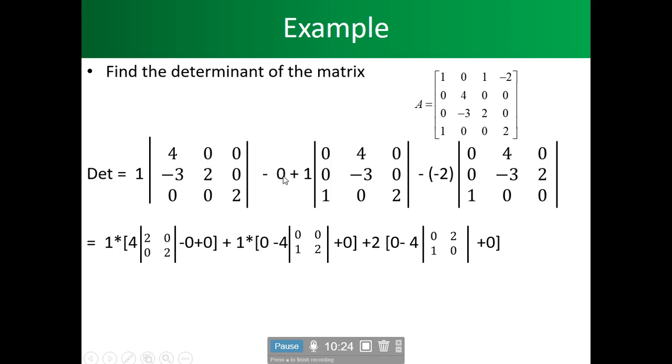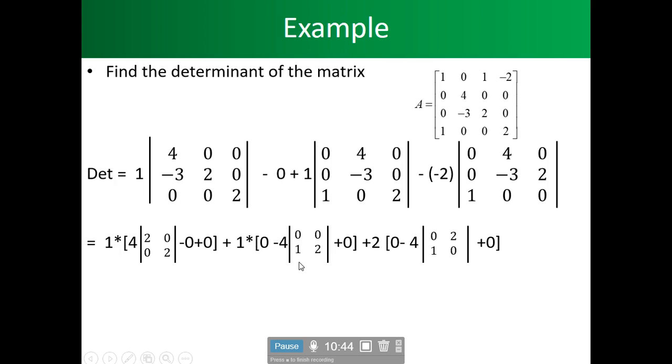Then this one is times 0, so this right here is 0, and this one is 0. Let's move to the next one. This is 0, so we'll eliminate that. This one is still times the 1. And so the first one we deal with here is 0.